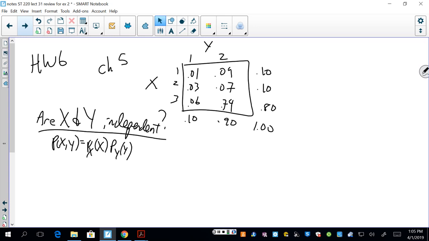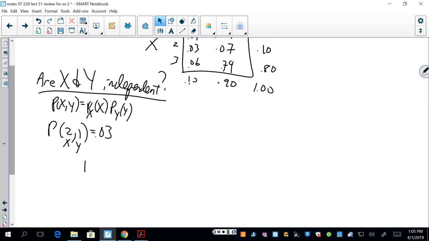Now 0.1 times 0.1 works for that one, but in this row it fails. The probability of x is 2 and y is 1 is 0.03, but the probability that x is 2 times the probability that y is 1 is 0.1 times 0.1, which is 0.01. So they are not equal, so they're not independent.